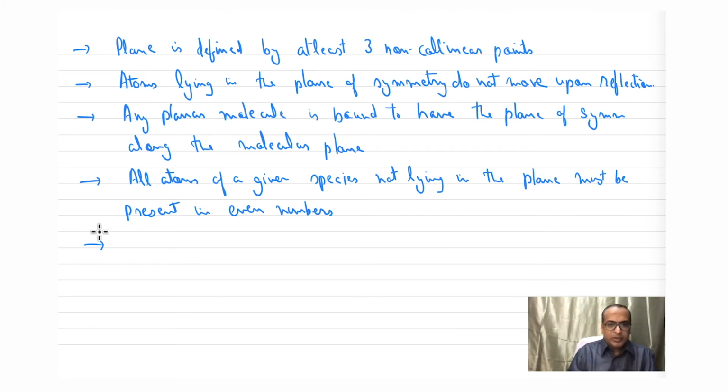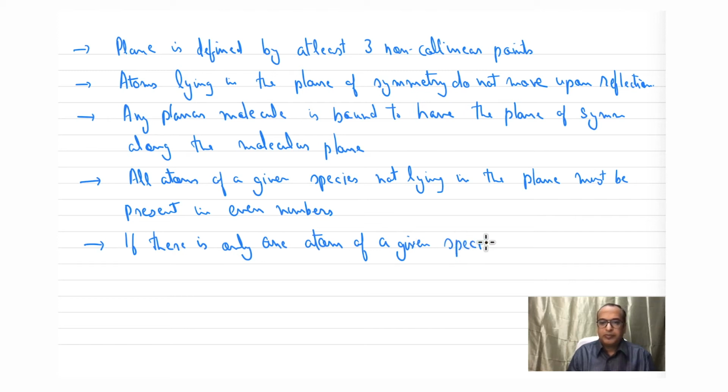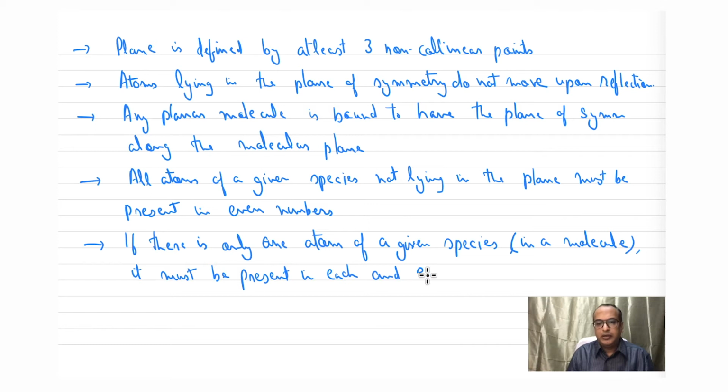Okay. So a corollary from this point: if there is only one atom of a given species in a molecule, it must be present in each and every plane the molecule may have.